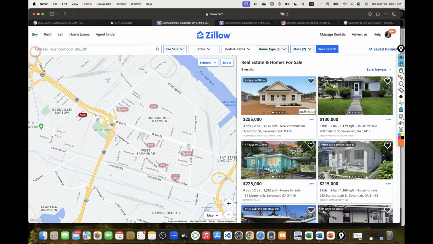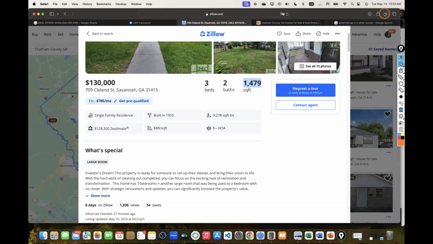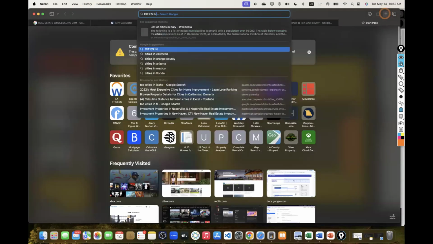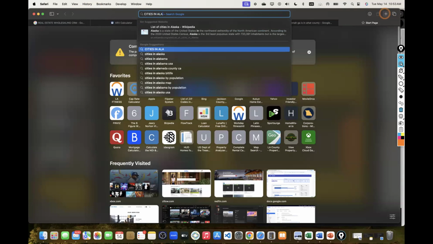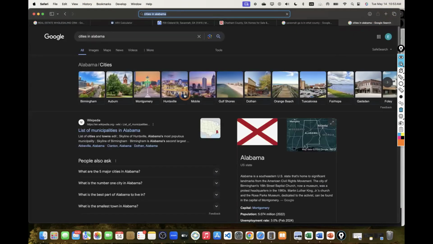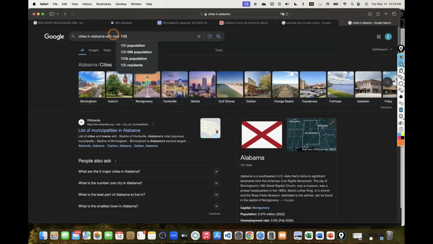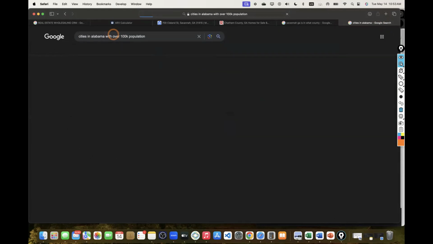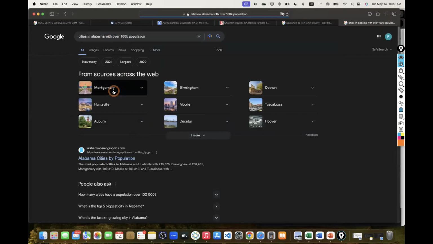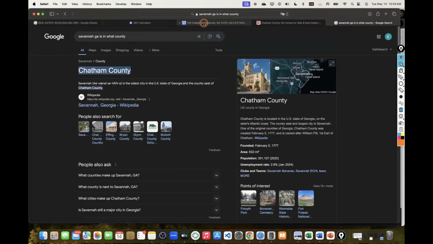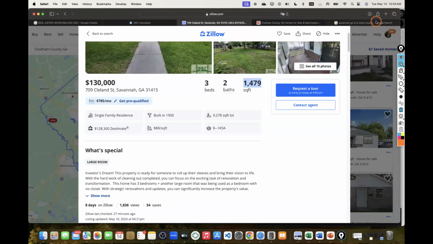Let's see. What cities? Cities in Alabama. Let's look for cities. I like to look for cities over 100K. Let's do Montgomery, Alabama, and analyze that.